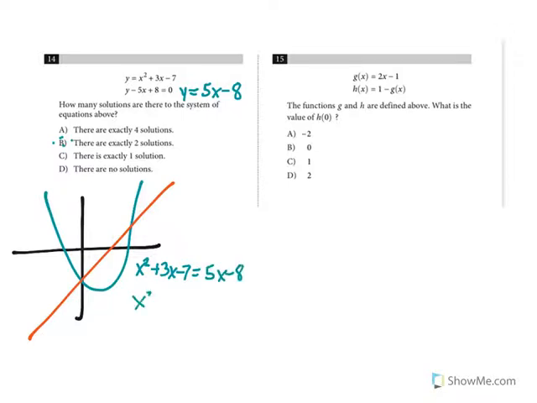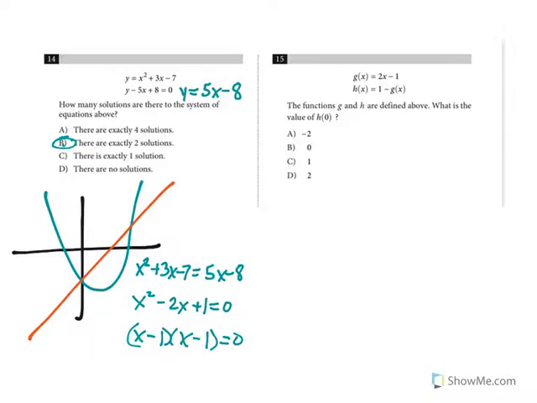Which gives us x squared minus 2x plus 1 equals 0, because when we have quadratics, we want to have it set equal to 0, so we subtract that 5x from each side, and then add that 8 on both sides, so negative 7 plus 8 is 1. And so now solving for that, we have x minus 1 squared equals 0. Factor that out. So again, there are exactly 2 solutions.